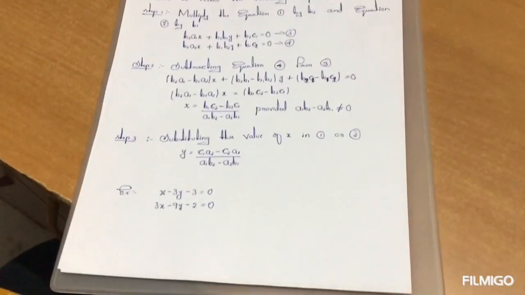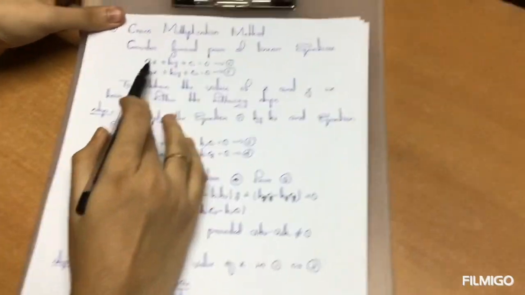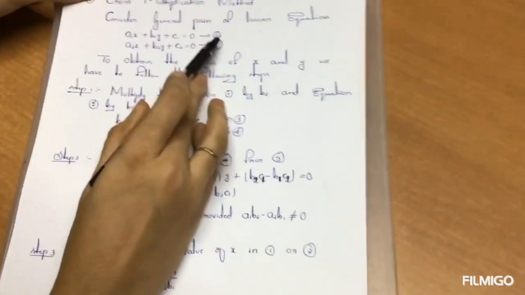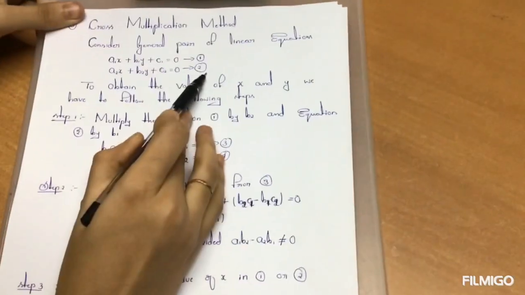Now let's move to the third method, that is the cross multiplication method. In this method, I will explain by considering a general pair of linear equations. That is, a1x plus b1y plus c1 is equal to 0, that is equation 1, and a2x plus b2y plus c2 is equal to 0, that is equation 2.